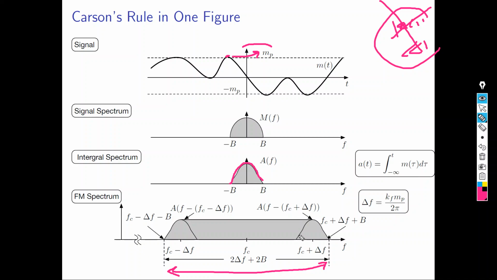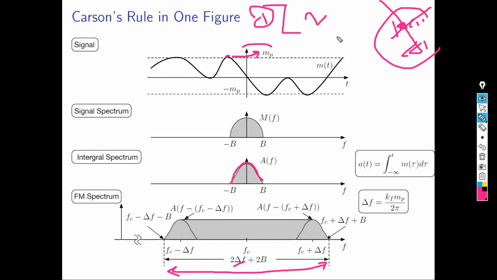So this is the single important piece of information I want you to know about this: when you use wideband frequency modulation, the bandwidth gets larger by the deviation frequency, delta f, which depends on the peak of the message signal. So if I give you two message signals, one looks like this and another looks like this, and ask which signal would have larger bandwidth, you tell me this one.